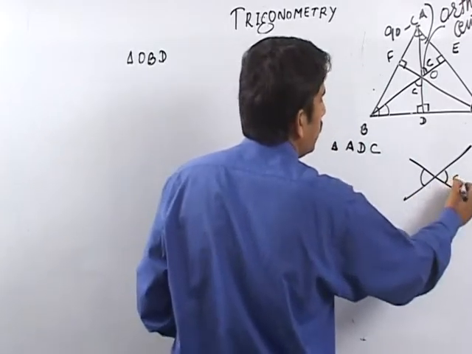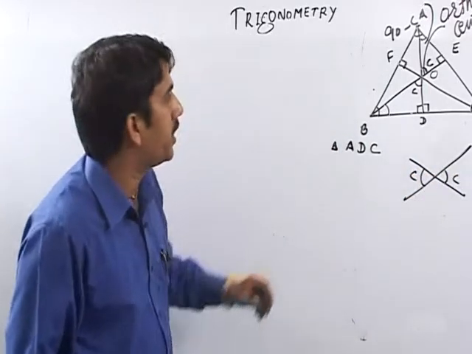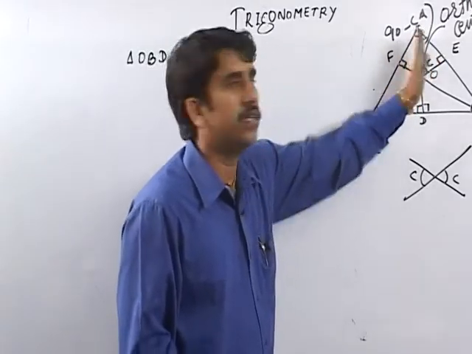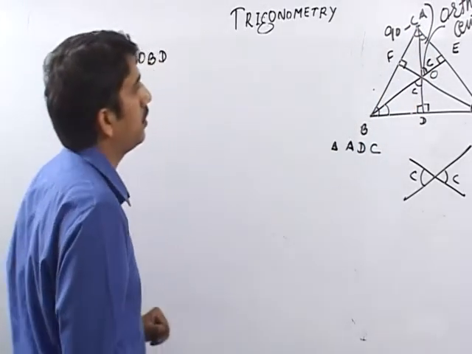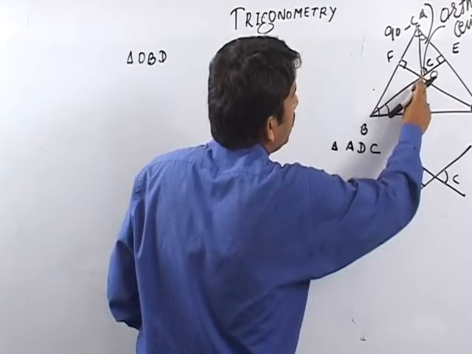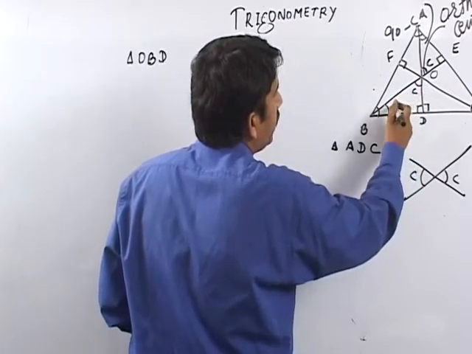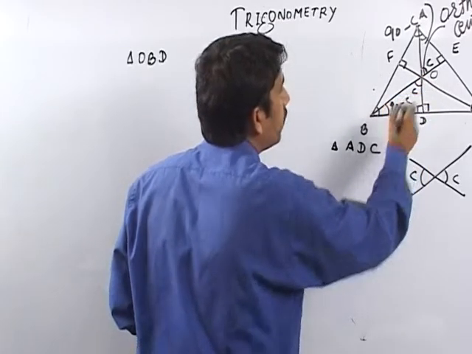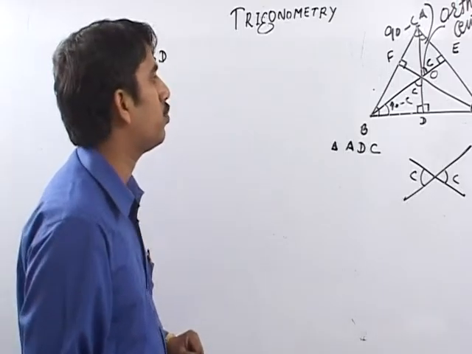If we take these two lines as intersecting lines, then if this angle is C, this will also be C, and if this is 90, then this will become 90 minus C. I hope this is clear to you.